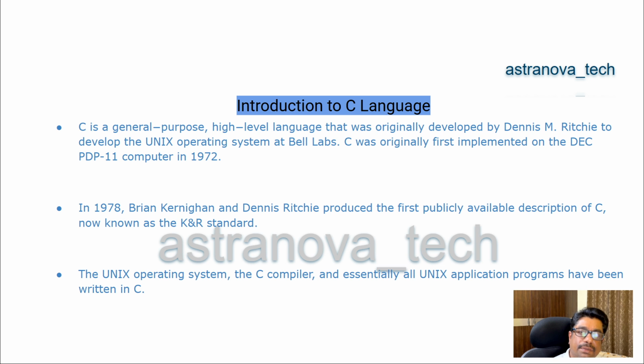This is a minor introduction I am giving, we will get bored otherwise. The Unix operating system, the C compiler and essentially all Unix application programs have been written in C language.